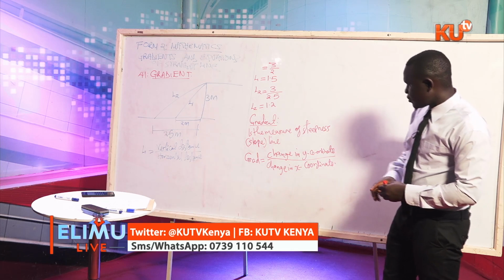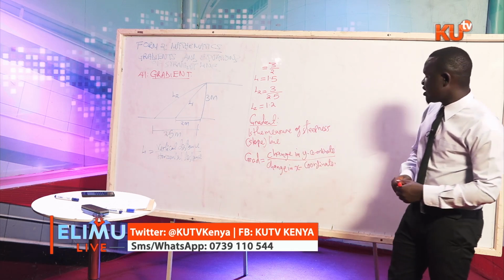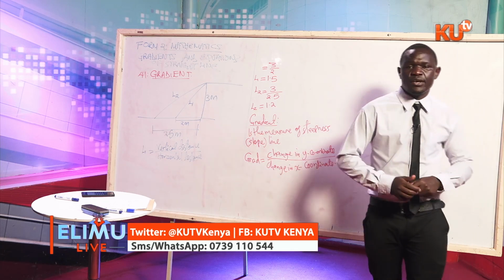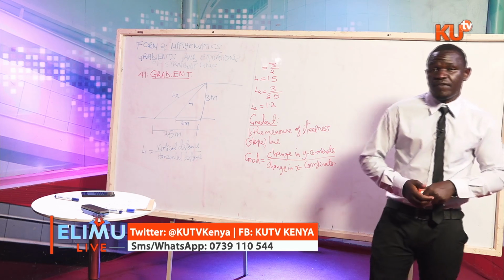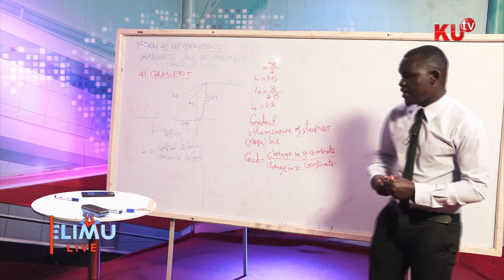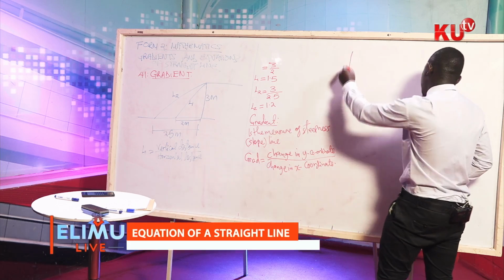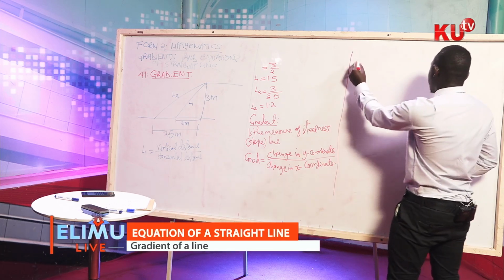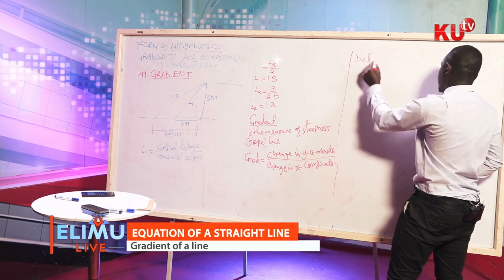Now, this change in the y coordinates and the change in the x coordinates, we are talking of delta y, delta x, okay? There is what we call delta in math.